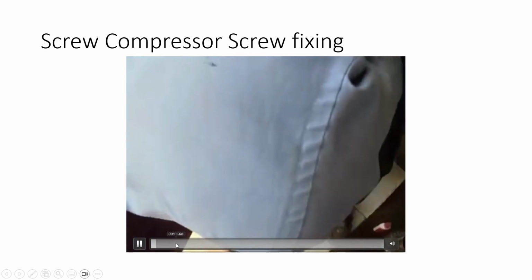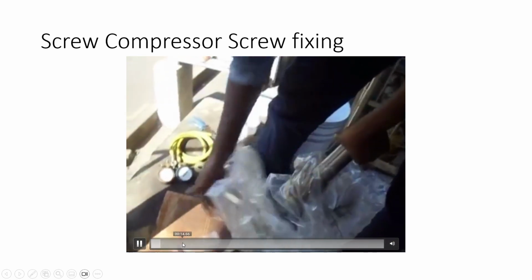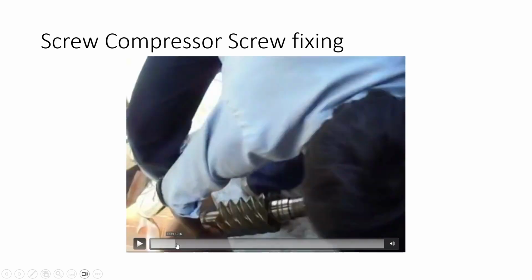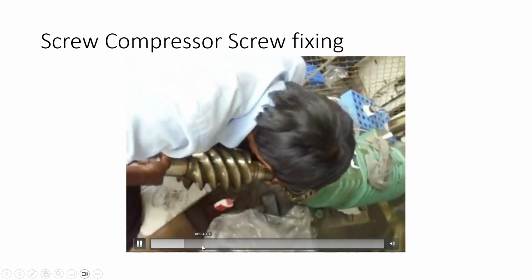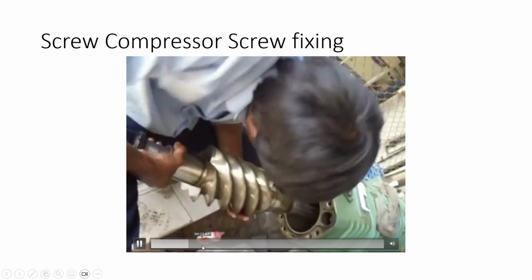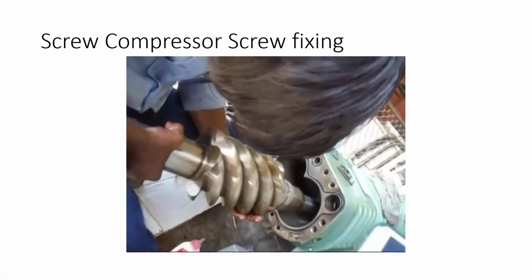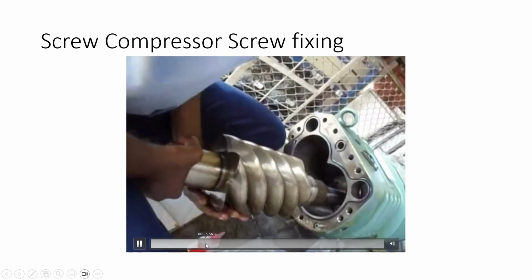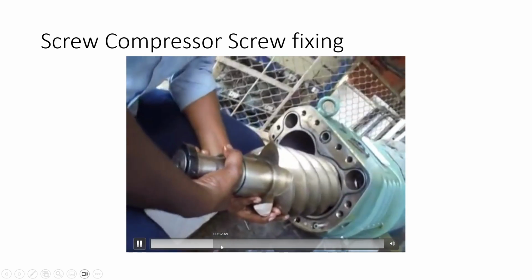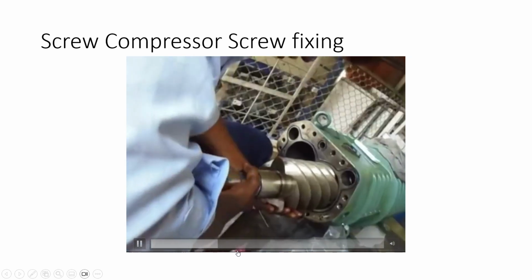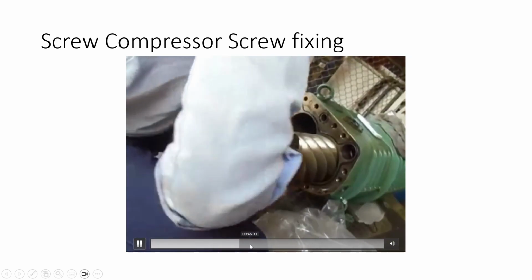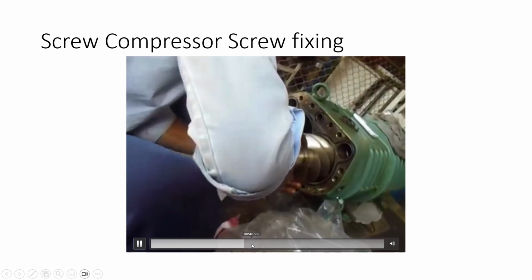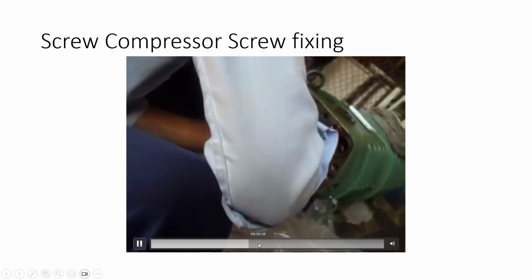First, we take the screws out from the packing when we need them, and then slowly you insert first the male rotor, and you may have to slightly rotate it while taking it in, and you push it up to the extent that the surface is fully matched with the body surface.